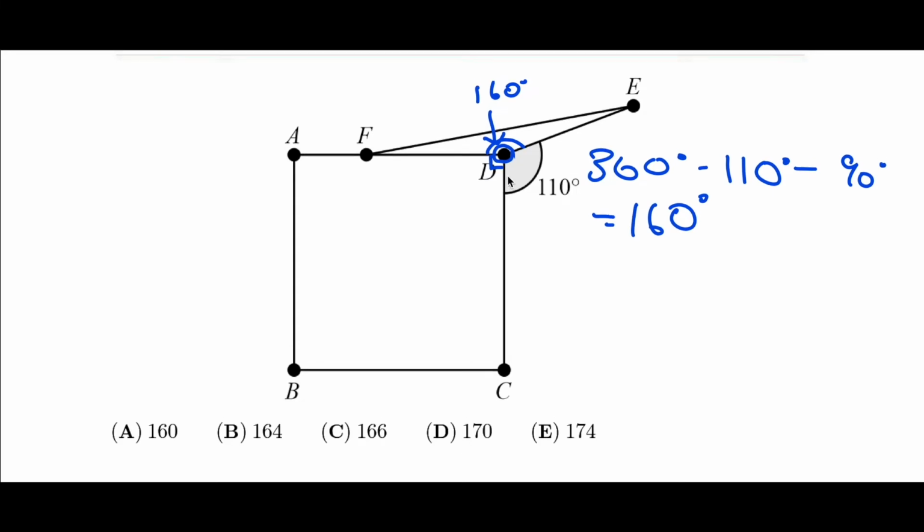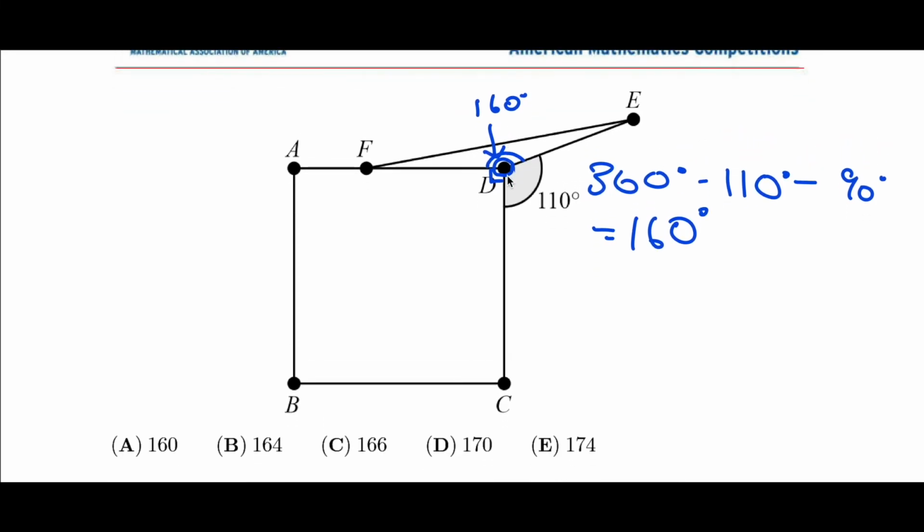So it tells us previously that DF equals DE. And that just tells us that FDE is an isosceles triangle. So now, in order to find out what this angle is, these angles are the same, and it tells us that these two segments are the same.